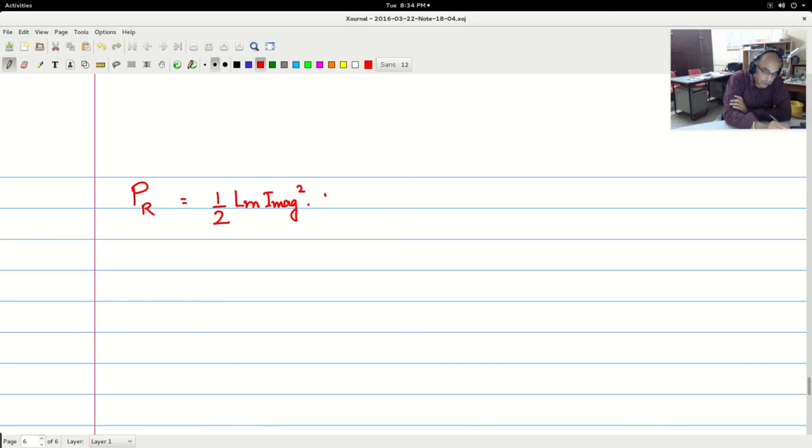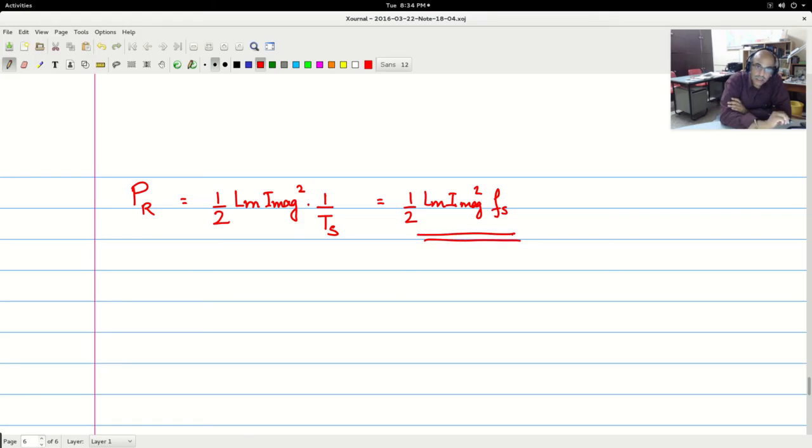So into Ts, this is the energy in joules by Ts. Every cycle this energy has to be dissipated, which will give you the power dissipation in R, which is half Lm I max square into Fs.